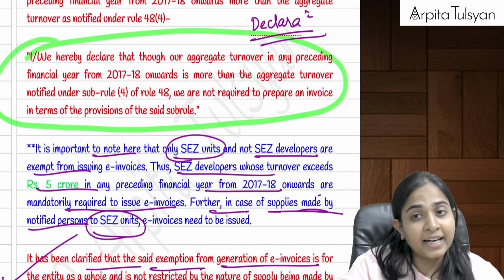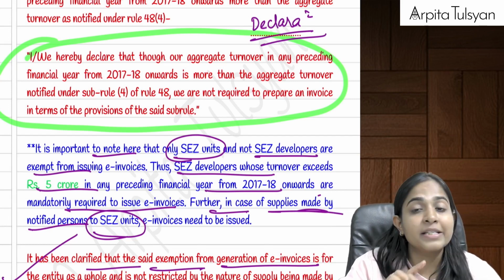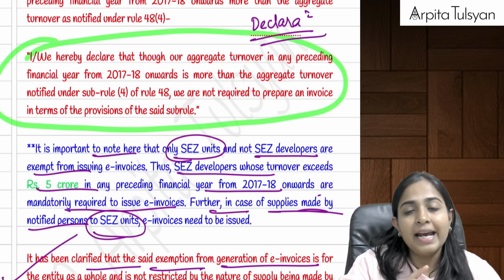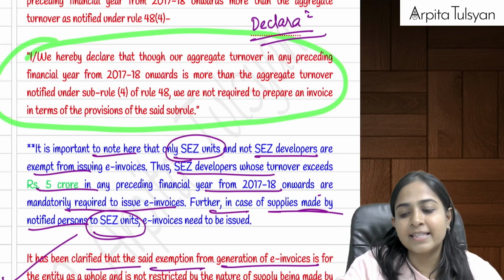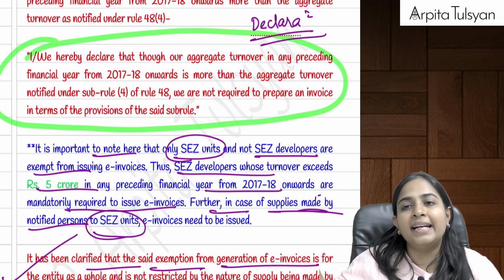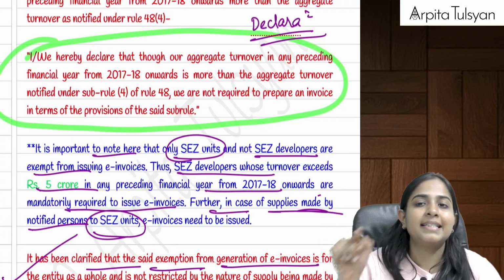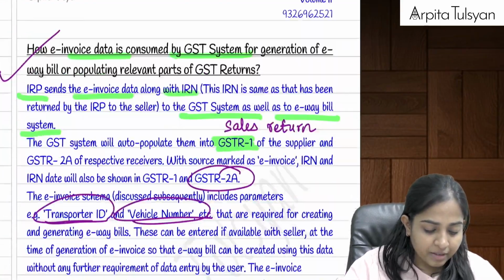As per threshold, yes, but as per exemption, no. So the banking company is not required to issue any e-invoice because it is specifically exempted, and it will have to give a declaration in its invoice that even though its aggregate turnover exceeds rupees 5 crore for issue of e-invoice, still it is totally exempted from the requirement of e-invoicing, right?